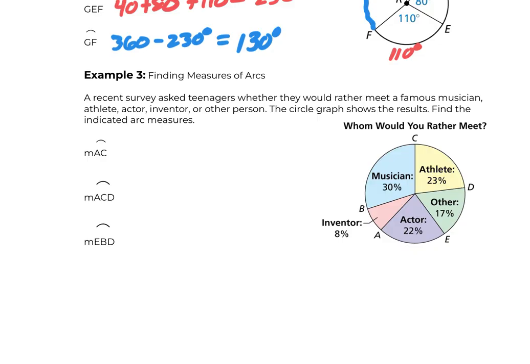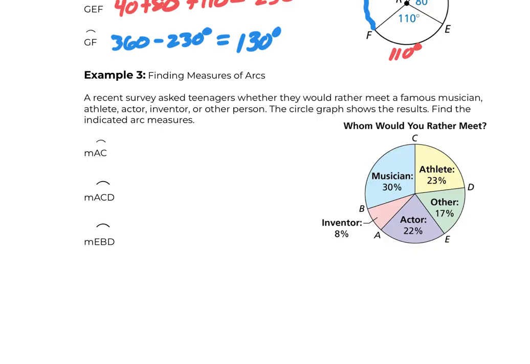If I had a survey and I asked the teenagers here, would you rather meet a famous musician, athlete, actor, inventor, or some other person, and see what the teenagers answered. And so these are the percentages of everything. If we add up those percentages, they need to add up to be 100%. 100% of the people surveyed need to be included in our data, right? Kind of goes back to our probability stuff.